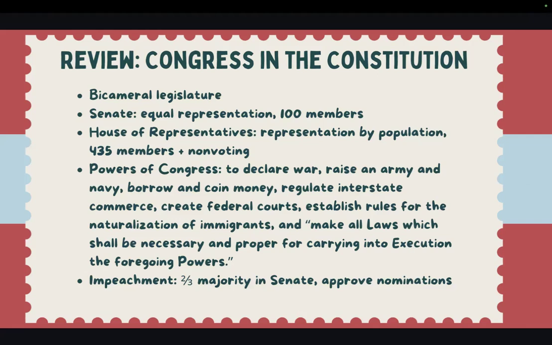So that's why each of 50 states has two senators, and each state has representation by their population in the House, but it's limited to 435 members. Also, some U.S. territories, such as the District of Columbia, have a non-voting member of the House.